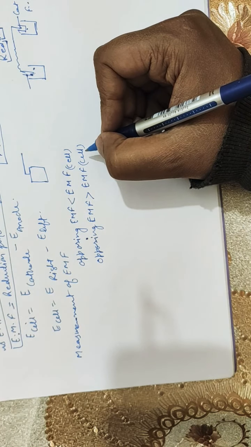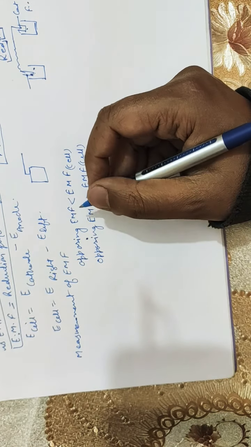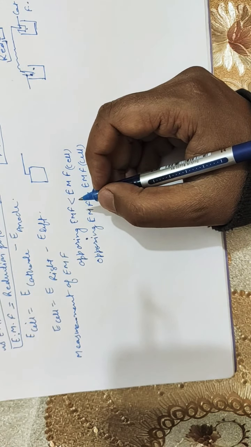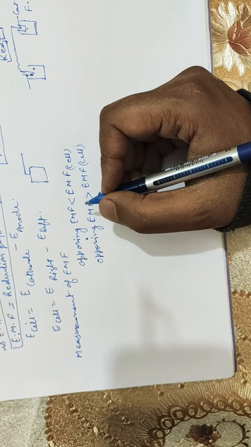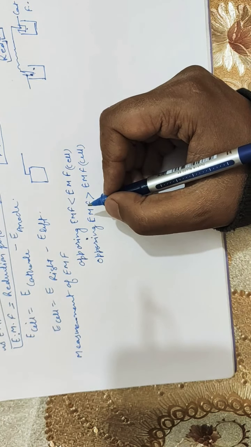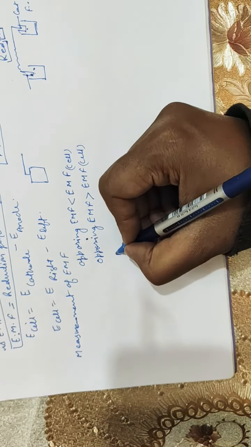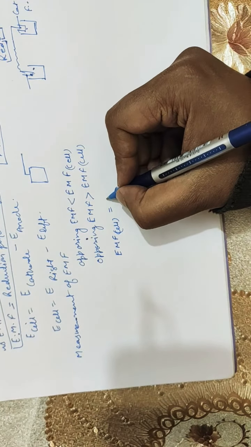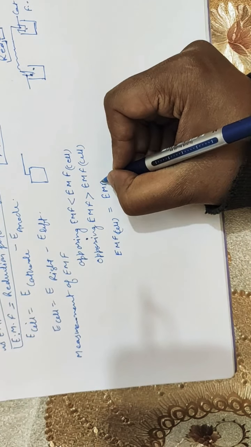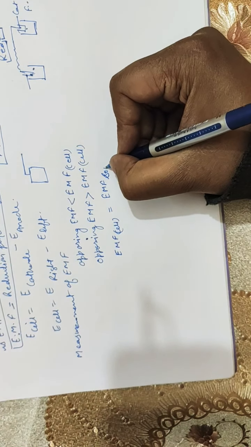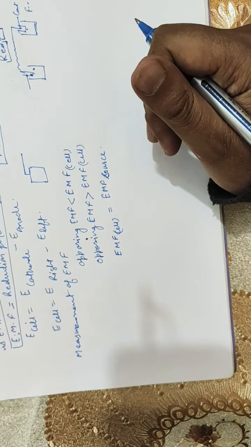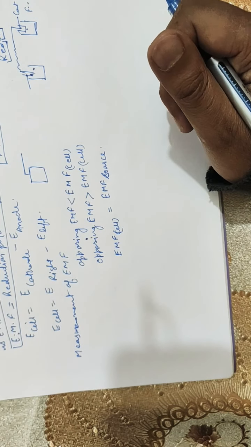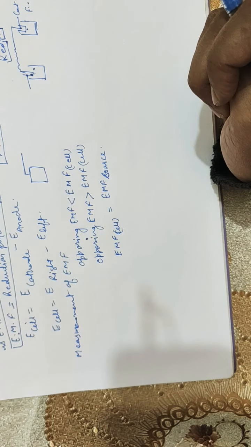And the first condition was that the EMF of the source is equal to that of the cell and acting in the opposite direction. It means the EMF of the cell is equal to the EMF of the source. So all electrochemical cells are reversible cells.